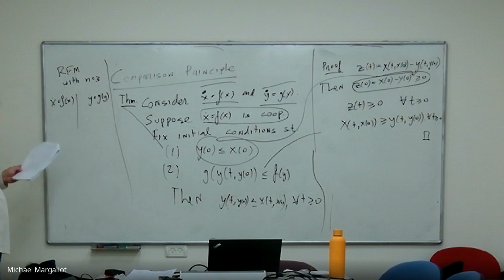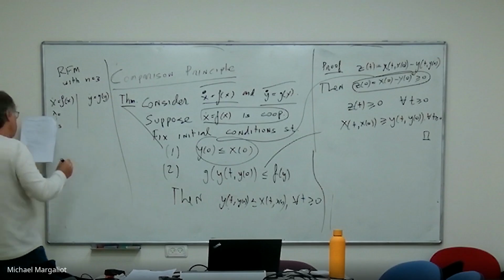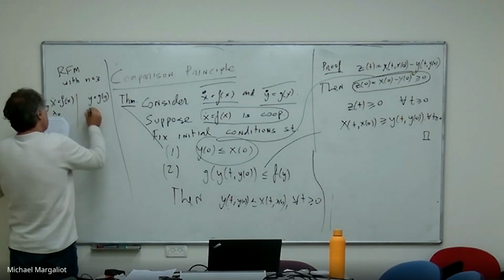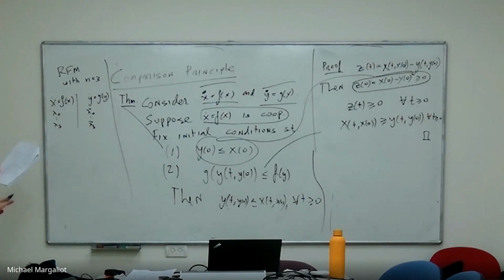And what is the difference between these two RFMs? The one has rates lambda 0 up to lambda 3. And this one has rates lambda 0 bar up to lambda 3 bar. So they are the same RFM. The only difference is that this one has one set of rates, and this one has another set of rates.